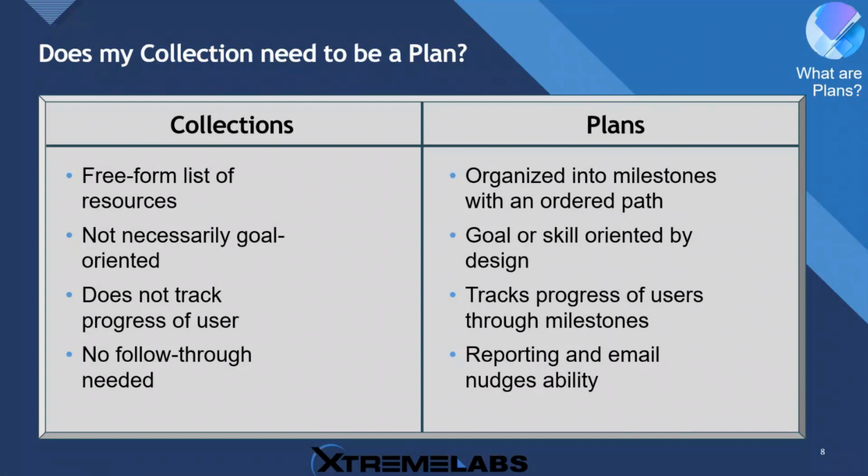Here you go, at your own pace. So we're not tracking those users, and we just want to share a lot of links in Learn with somebody. There's not necessarily a follow-through planned or anything. That user is going to go through it at their own pace, and we've already shared the resource, so our job is done. That's a collection.